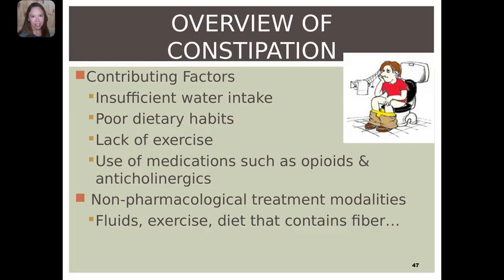Or maybe they're using medications such as opioids or anticholinergics. Remember, a lot of patients in society nowadays are using opioids, so we really should remember opioids definitely can cause constipation. So good education with these patients. Make sure that they're not experiencing constipation.